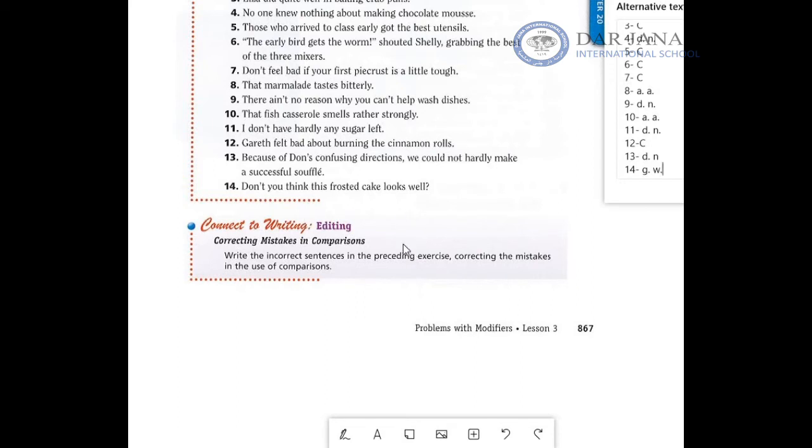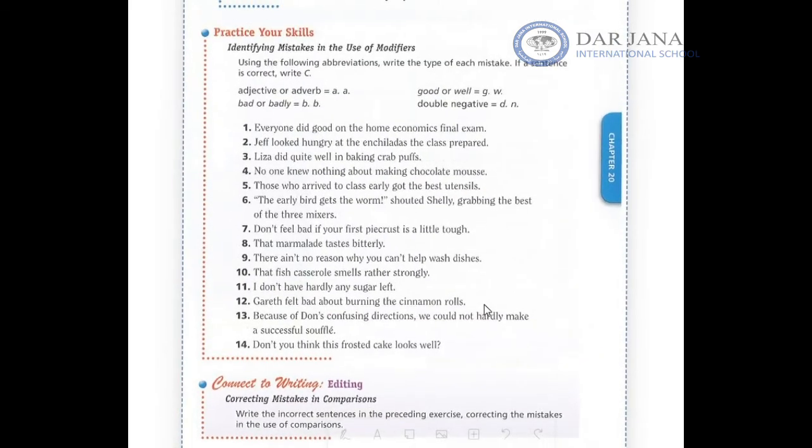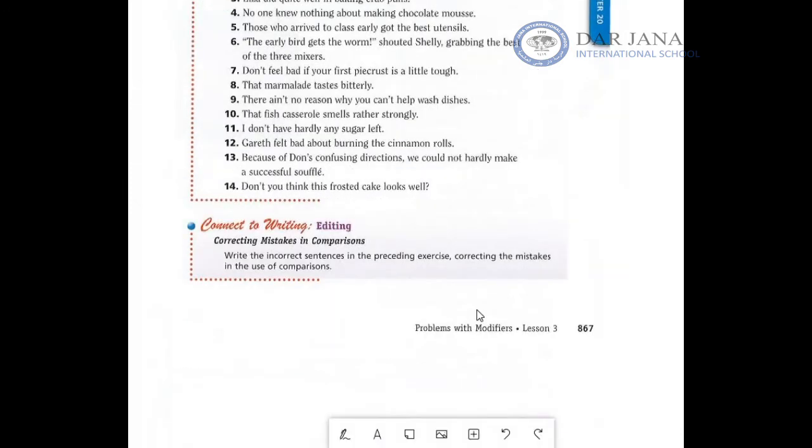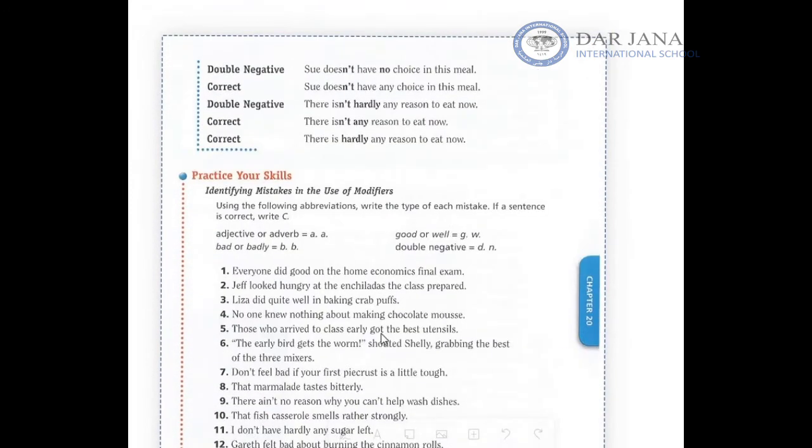The next part of this exercise is to correct the mistakes in the previous one. Here are the sentences we labeled with mistakes. We should fix them or write them correctly.